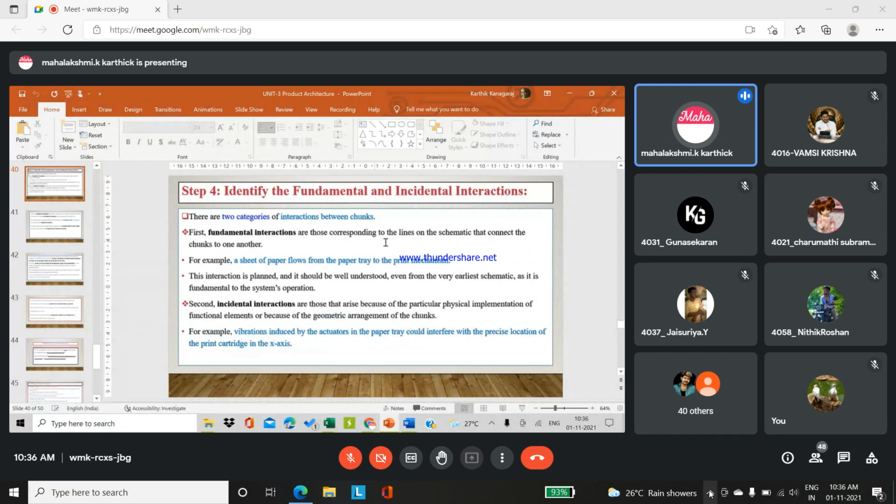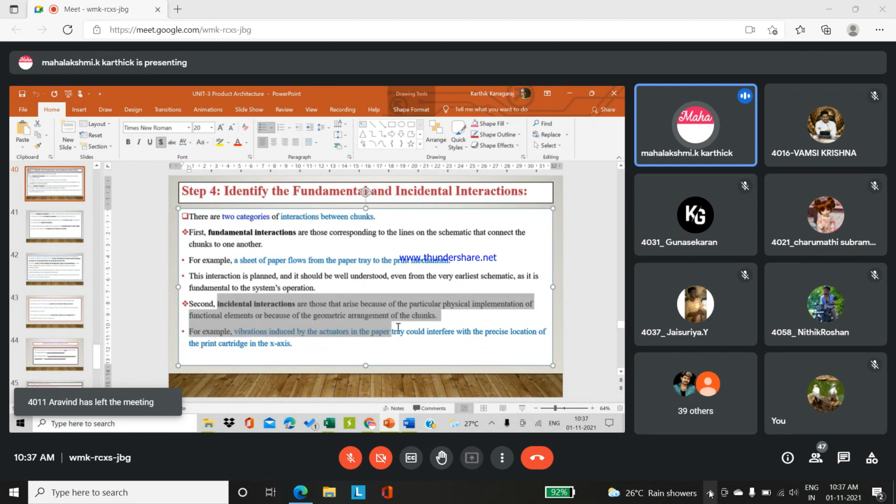Fundamental interactions are those corresponding to the lines on the schematic that connects the chunks to one another. அதே வந்து incidental interactions are those that arise because of a particular physical implementation of functional elements or because of geometric arrangement of the chunk. இப்போ எரர் ப்ராப்ளம் ஏதாவது ஐடென்டிஃபை பண்றது தான் இது இந்த interactions. So fundamental interaction tells about the system design, whereas incidental interaction tells about the detailed design.